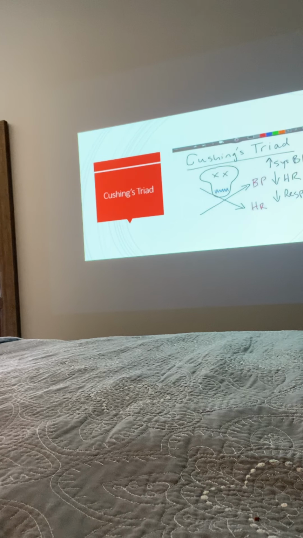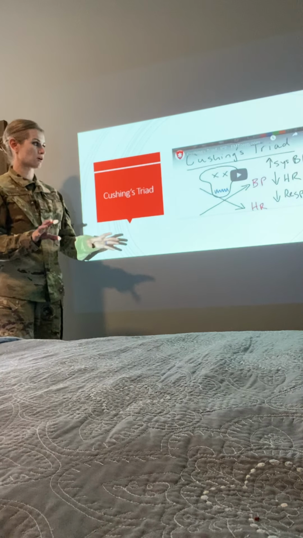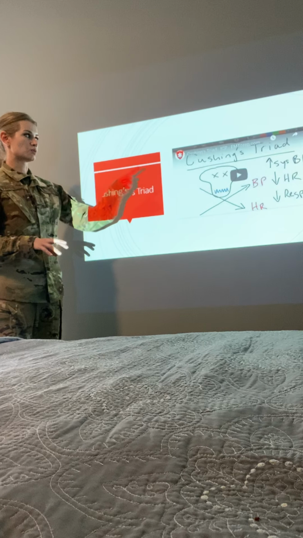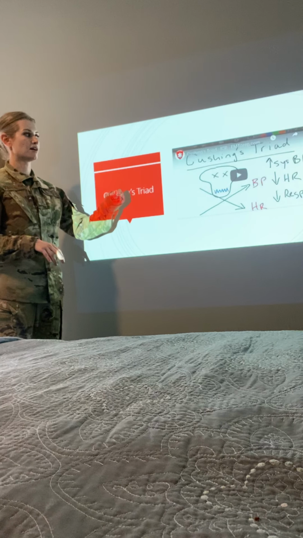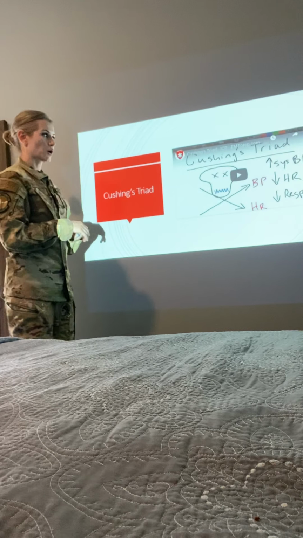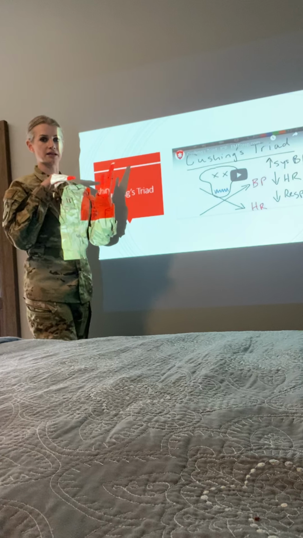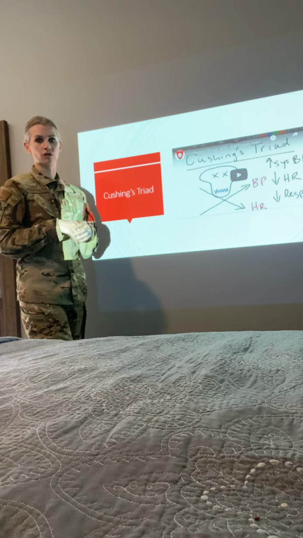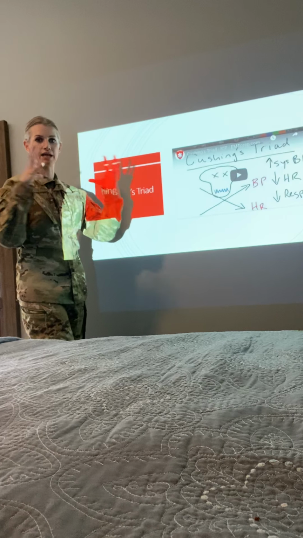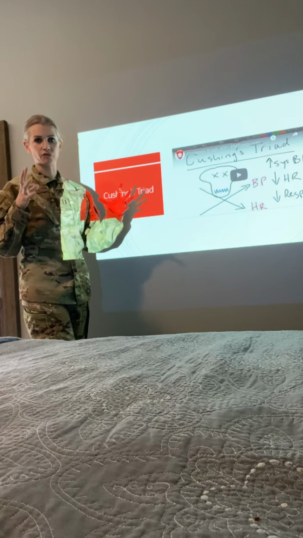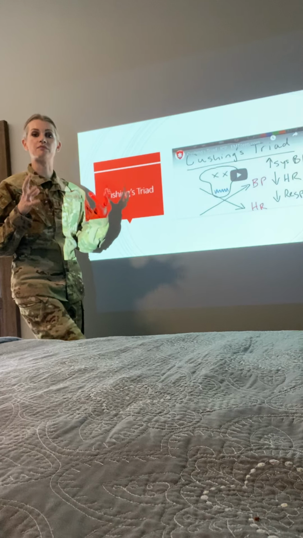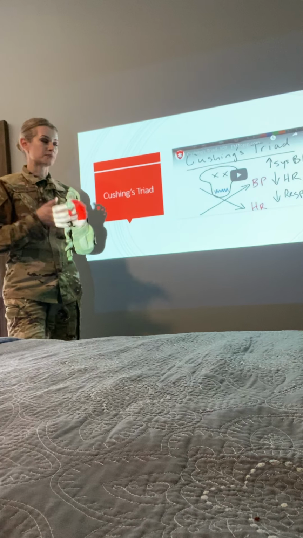The point at which a patient is no longer compensating is when you have this Cushing's triad. I'll spare you the whole video, but Cushing's triad is basically like they're on a collision course with death. Their brain is no longer compensating. Their Monro-Kelly is no longer able to keep them supported.